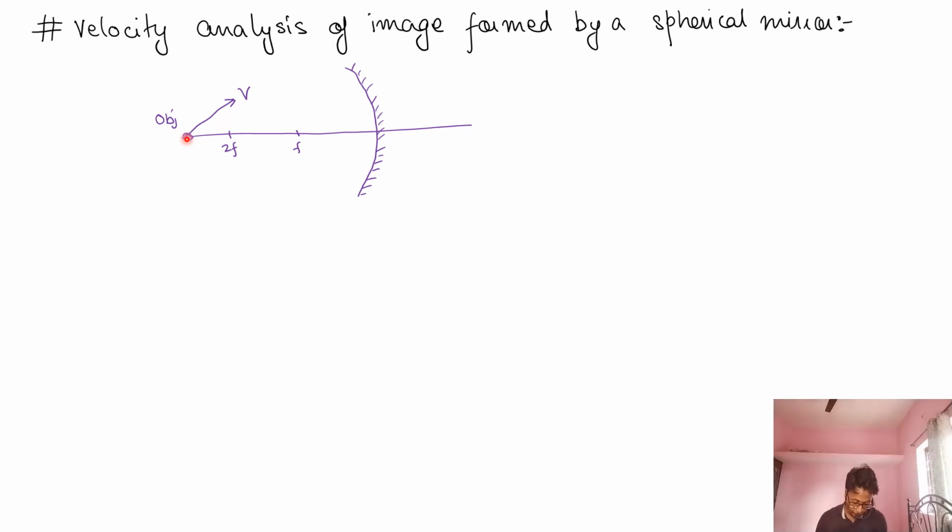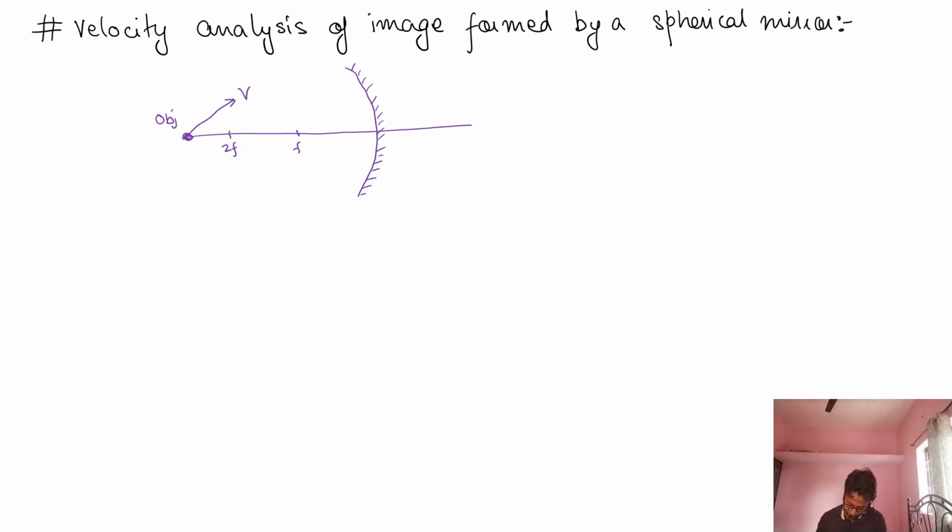To find the velocity of the image, we must use the concept of magnification. This velocity can be resolved into lateral velocity, or velocity perpendicular to the axis, and longitudinal velocity, or velocity parallel to the axis.